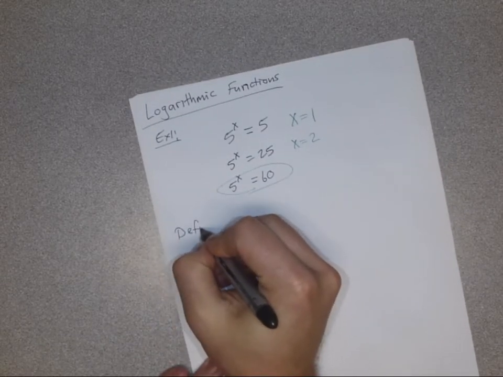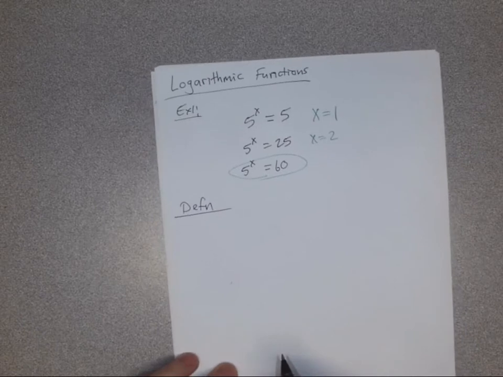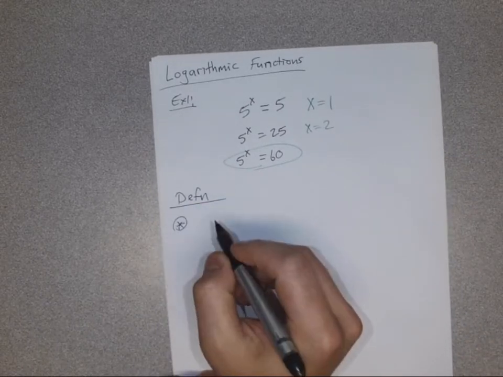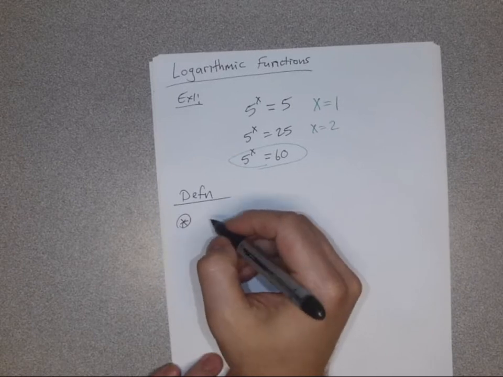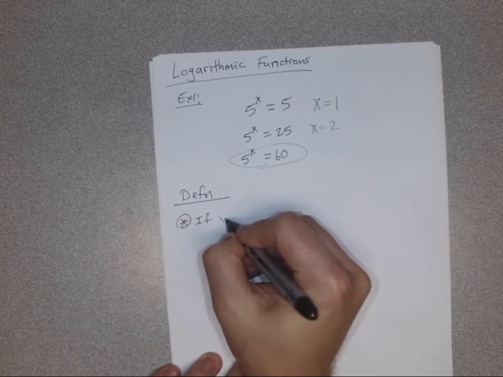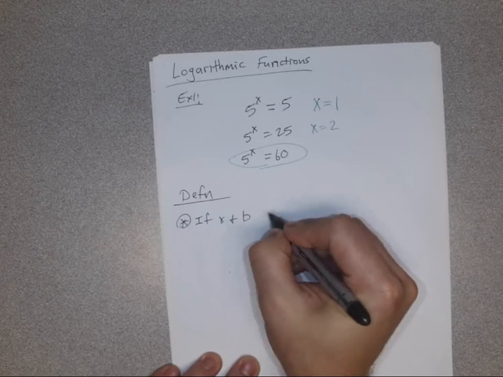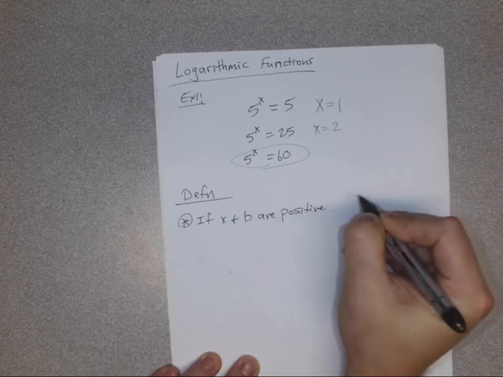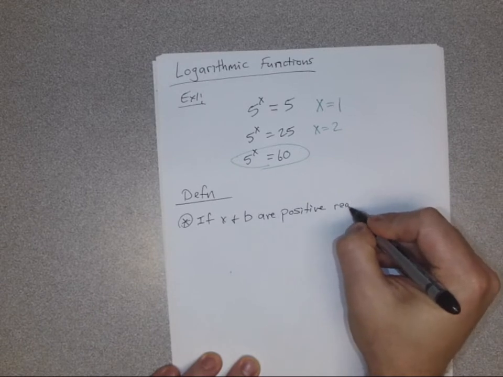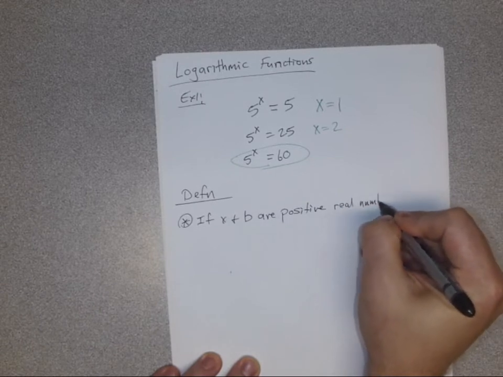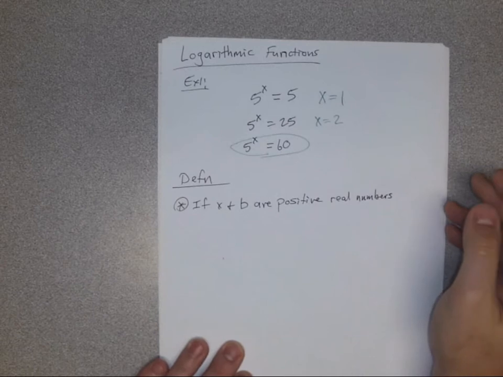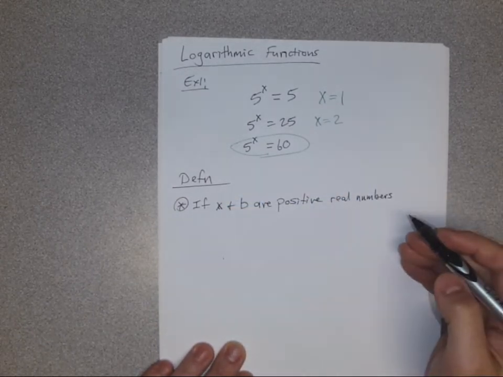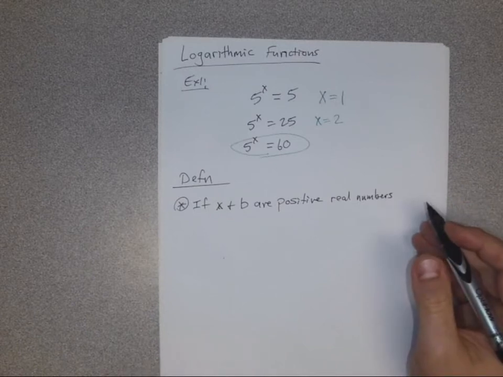So definition, I'm going to do some shorthand on you there. Definition, and we'll star it because it's important. If x and b are positive real numbers, and please write this out because it may not make a lot of sense as you're writing it, but as you do more examples and you come back and reread your notes, this will start making more sense.